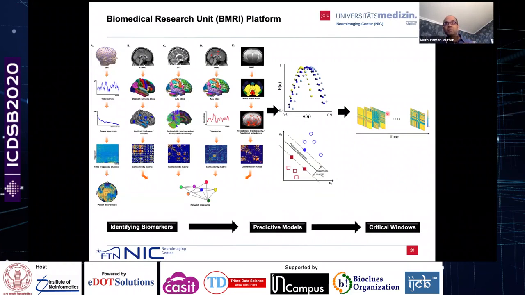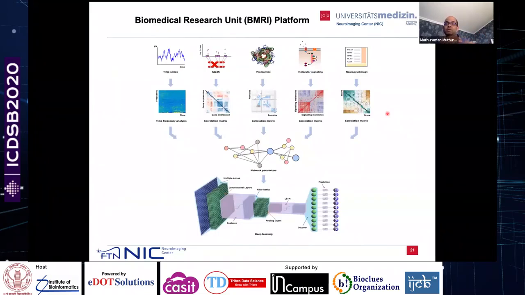And now, as we've seen a lot today about other things like gene expression, proteins, this is also one field we are touching newly, trying to find out these kinds of modalities to develop them as matrices and then as network parameters, and then look into deep learning algorithms to see whether we are able to use this also for clinical use.